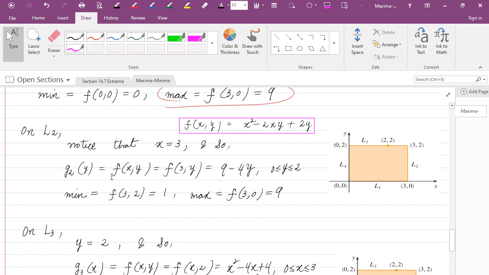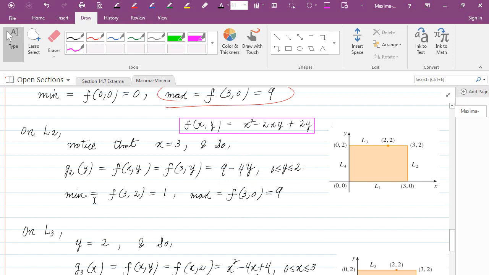So on L2 then, f of x, y is the same as 9 minus 4y, which is what I'm calling g2 of y, and y is between 0 and 2. So now if you look at this function, this is a linear function with negative slope, so that means it's a decreasing function. So because it's decreasing, the maximum would occur when y is 0 and the minimum would occur when y is 2.